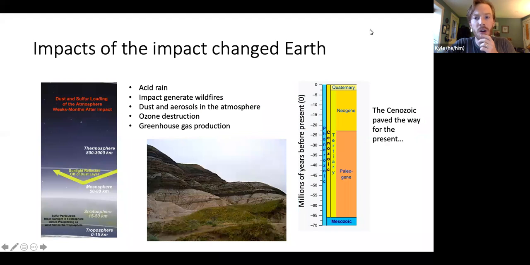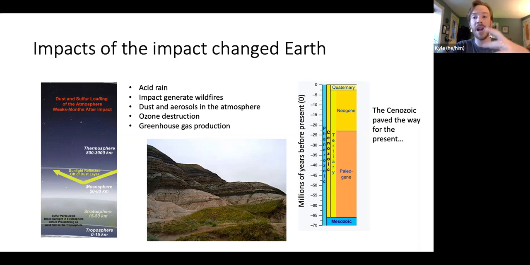And this also caused major climate impacts around the globe. So first and foremost, all of that dust that was stirred up by the impact went into the atmosphere. That reflected sunlight, so plants had a harder time growing. This material in the atmosphere also caused acid rain to occur.